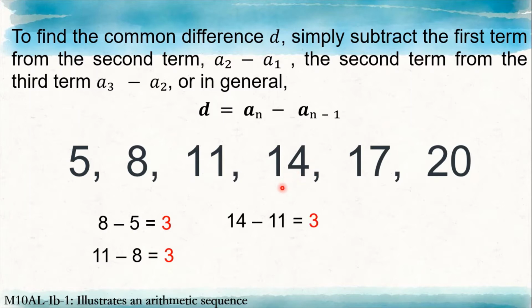Fourth term minus third term, 14 minus 11 is equal to 3. And it is the same with fifth minus fourth and sixth minus fifth. So pare-pareho ang kanilang difference. Kaya siya tinawag na common difference. So, the common difference is represented by letter d.